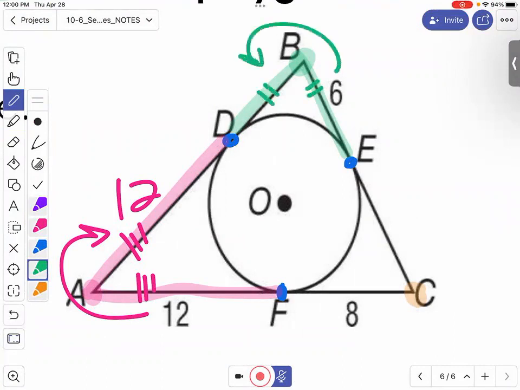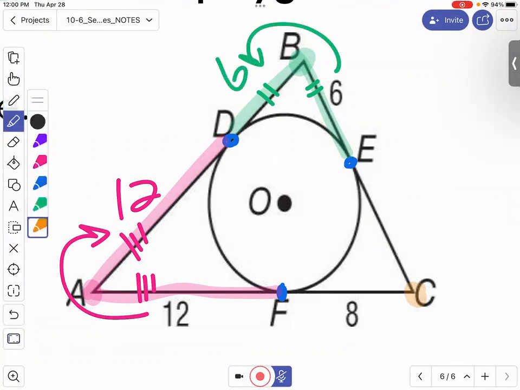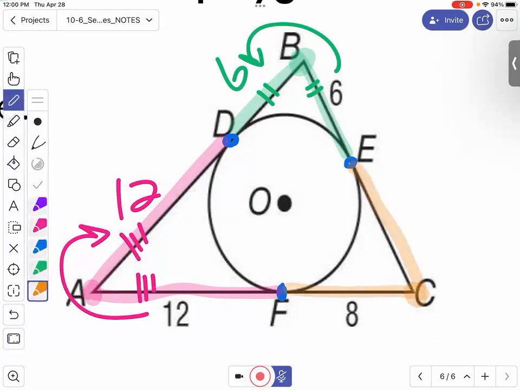So if one piece is 6, so is the other. And the same is true for the last one. F and E are both points of tangency, so therefore E to C and FC have to be congruent. So if one of them is an 8, so is the other.